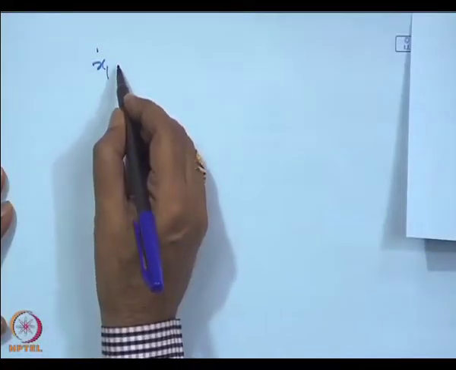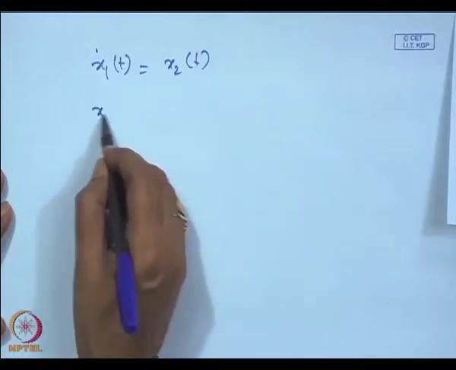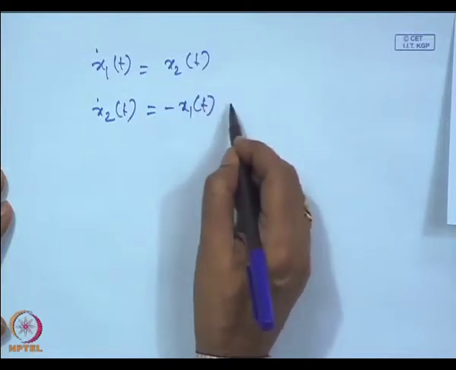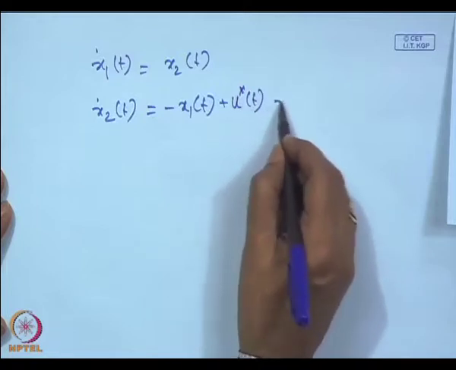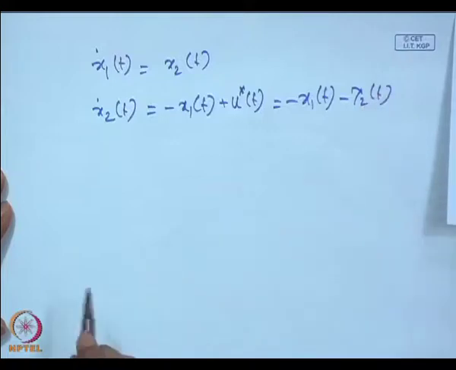You see from the basic state equation, we got x dot of t is x 2 of t, then x 2 dot of t is equal to minus x 1 of t plus u star of t, which is equal to minus x 1 of t minus lambda 2 of t. That we got from our state equation.